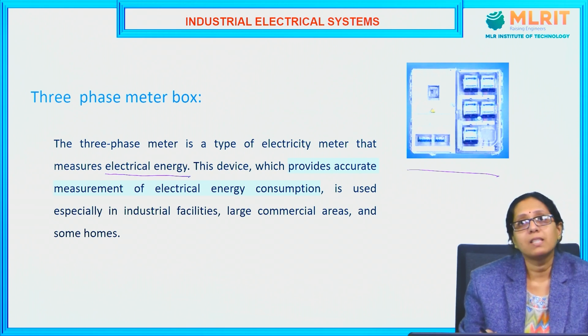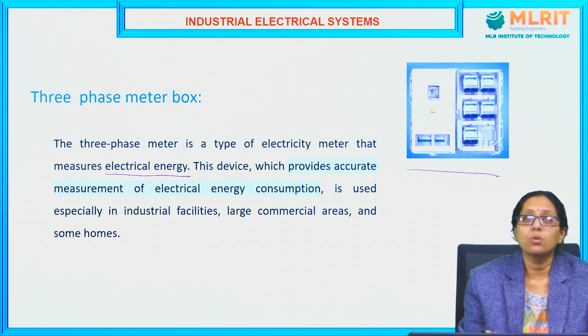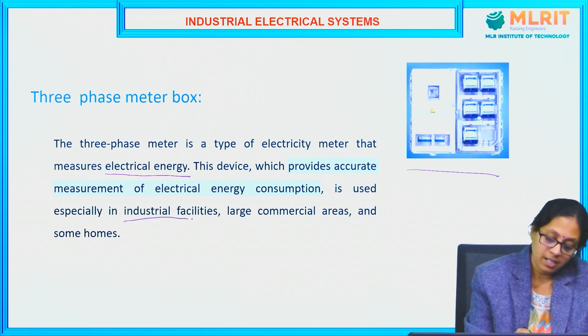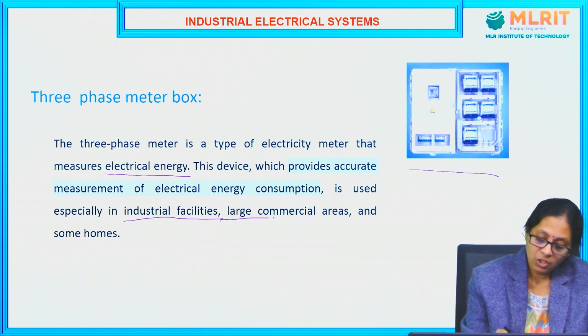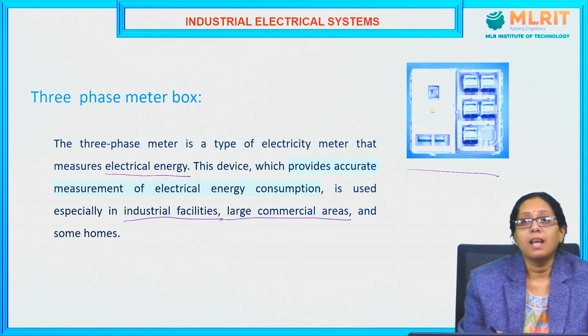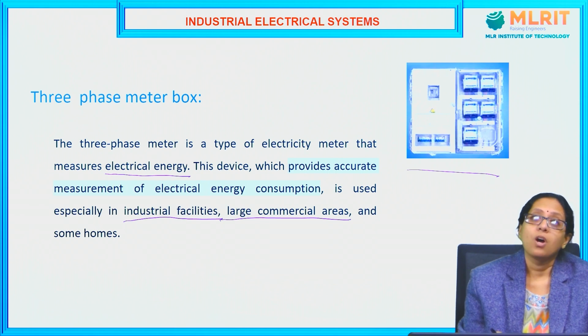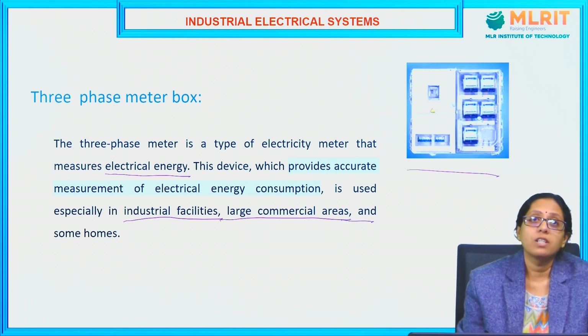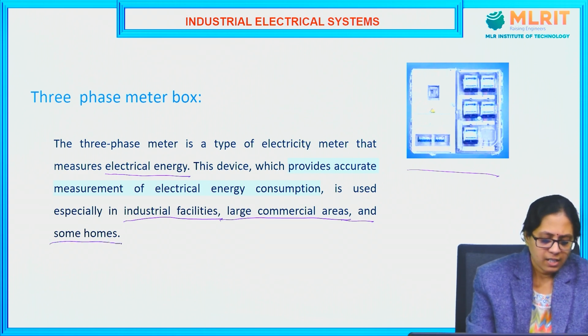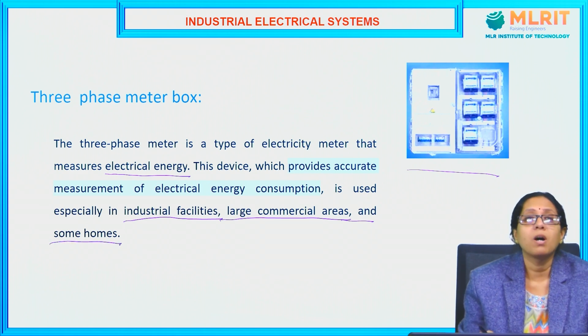This device provides accurate measurement of electrical energy consumption, which is used especially in industrial applications and for large commercial spaces like supermarkets, shopping complexes, colleges, hospitals, and in some houses like gated communities.